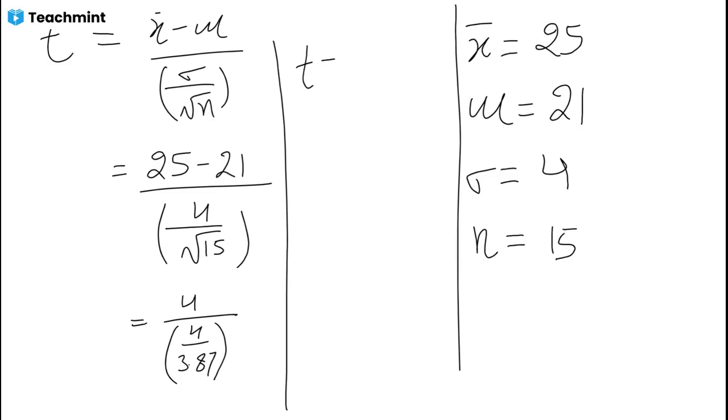Okay, so now simplify further. Just divide 4 by this 3.87. It's 1.03. Okay. Now let us divide this 4 by 1.03.